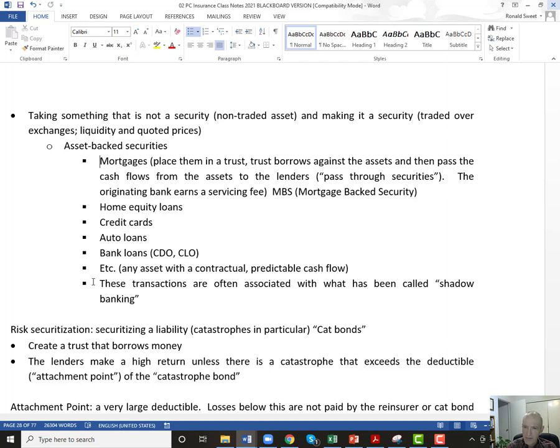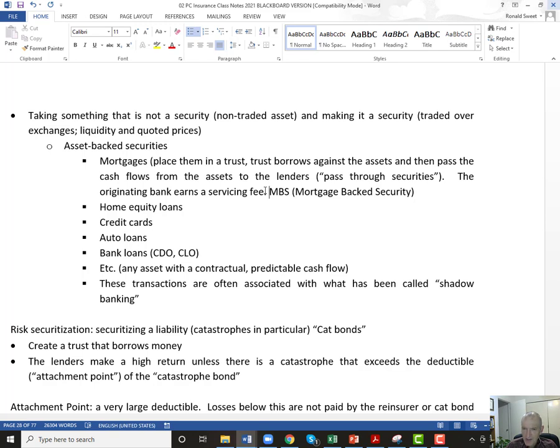Frost Bank, the originating bank, earns a fee for setting all this up. This is the MBS market, the mortgage-backed security market. So yes, Frost Bank gets an originating bank fee.